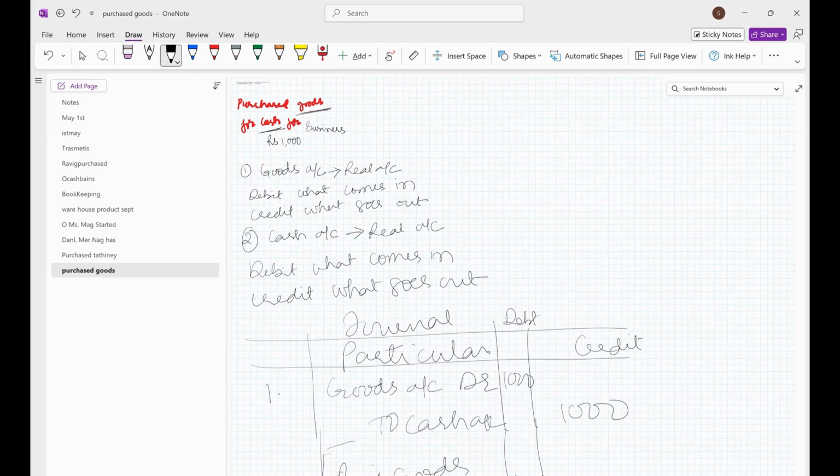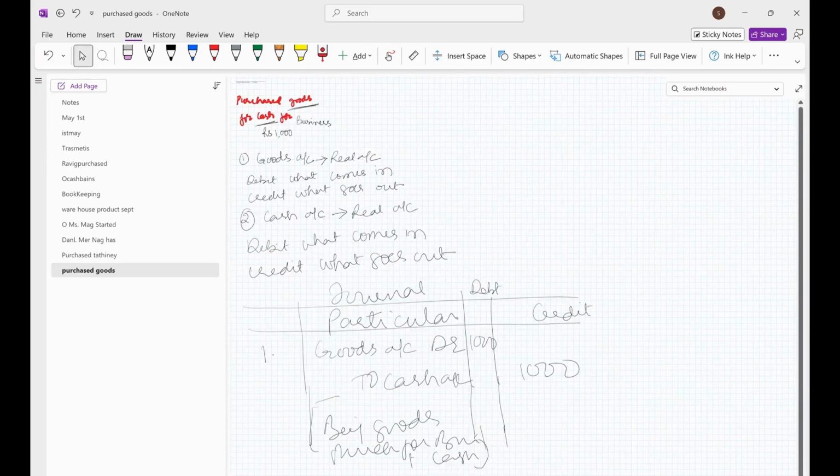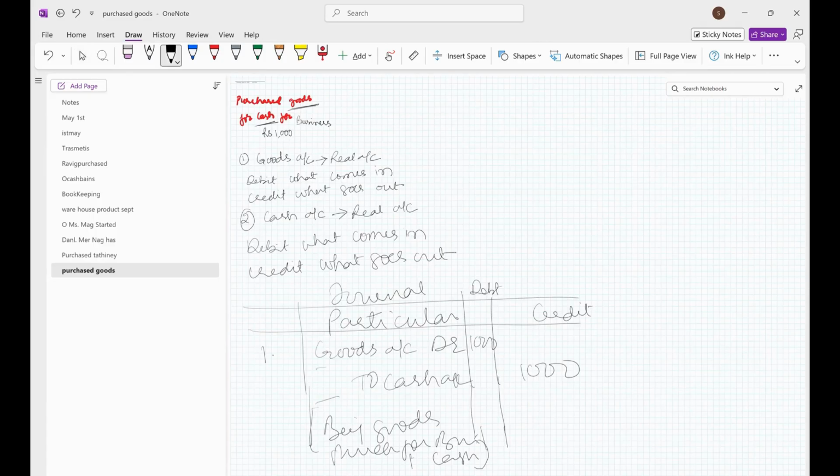Okay, one important instruction: whenever you are writing a journal entry, everything is the same. But if goods are there in the entry, instead of writing goods, we should write purchase. This is one of the important rules. Why should we write purchase?